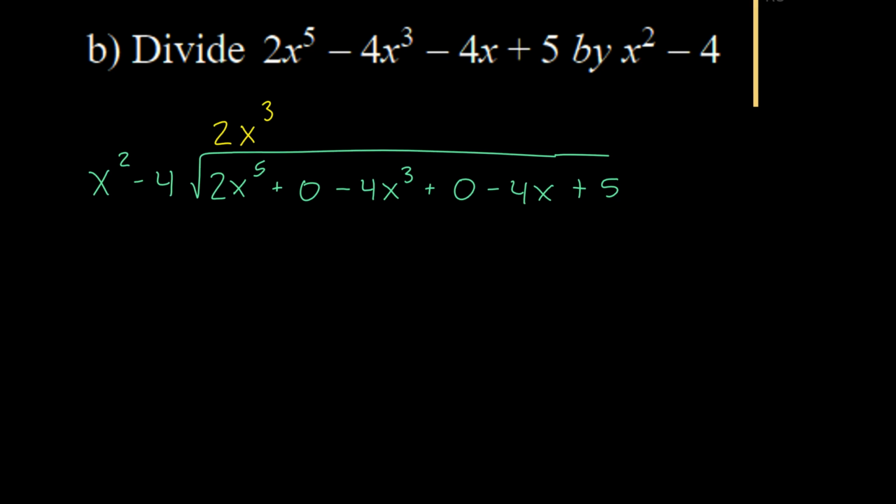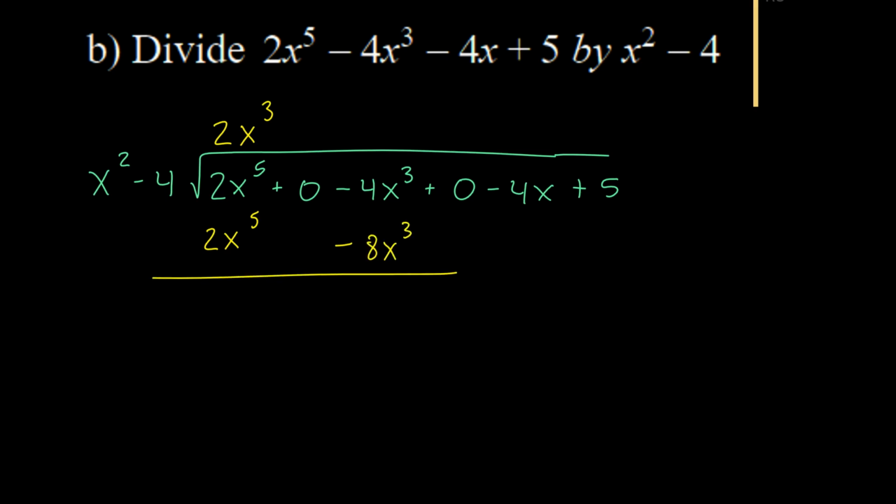You multiply it back in, right? So 2x cubed times x squared is? If these match, you know you're doing it right. Then 2x cubed times negative 4. Negative 8x cubed, where should I put that? Under the like term, yes.